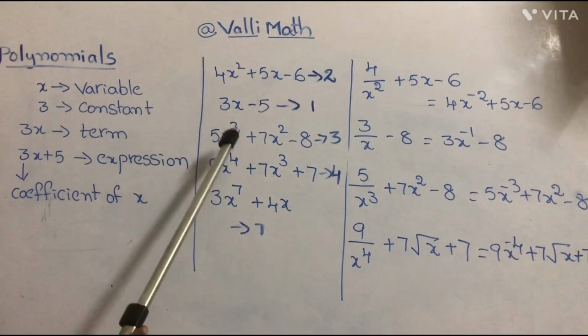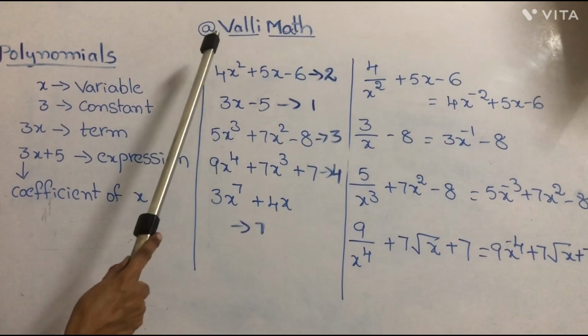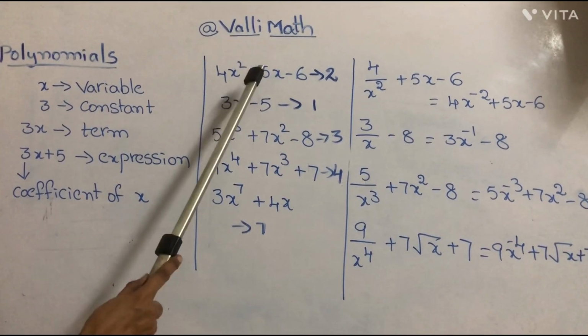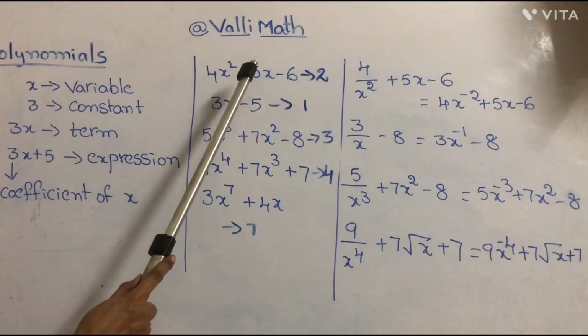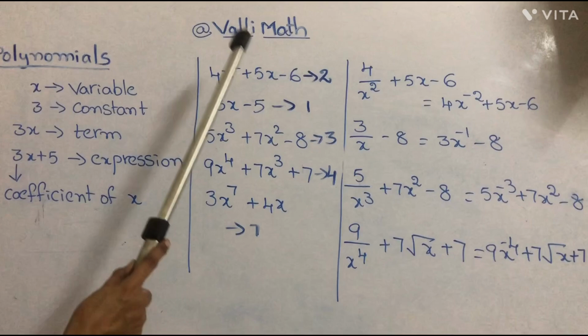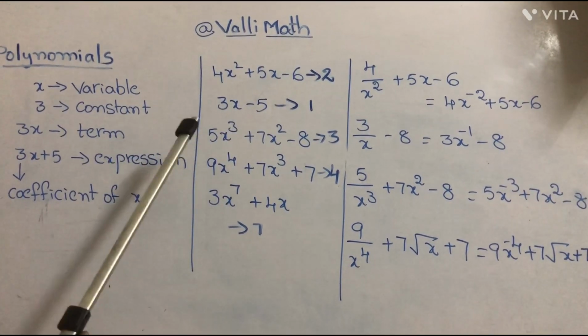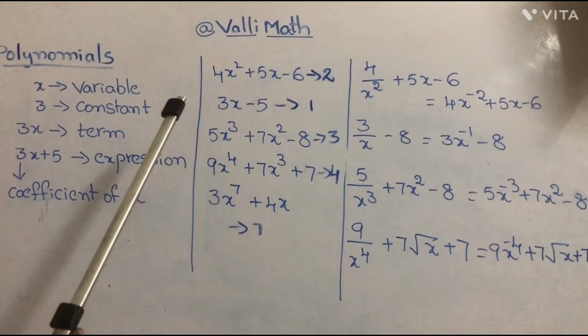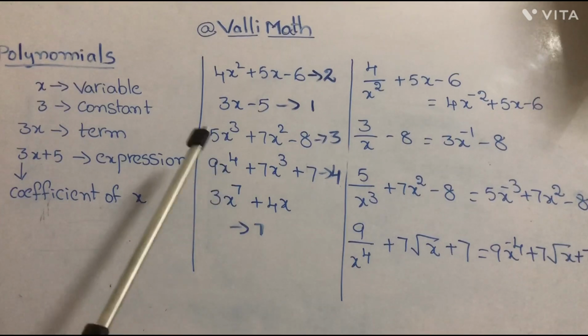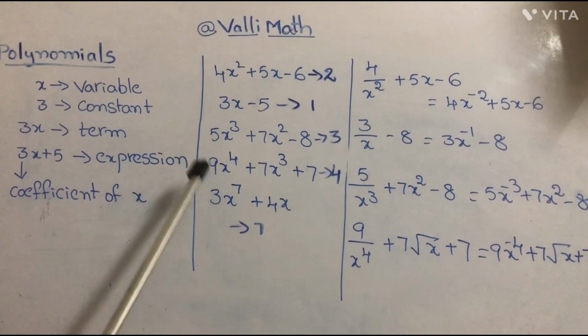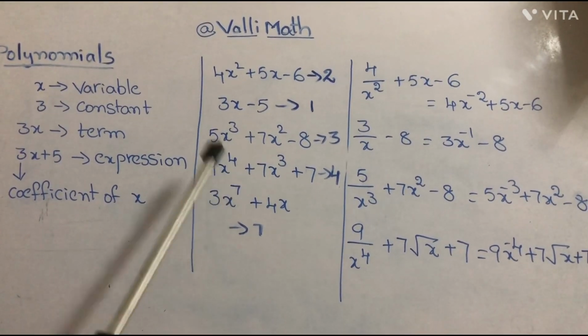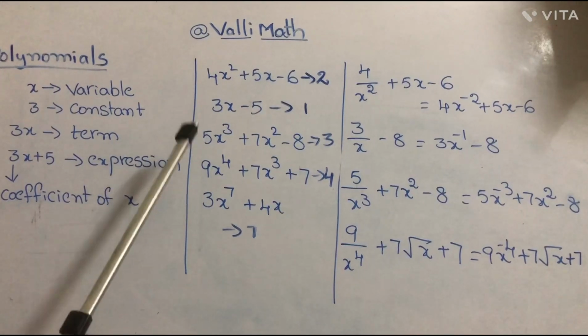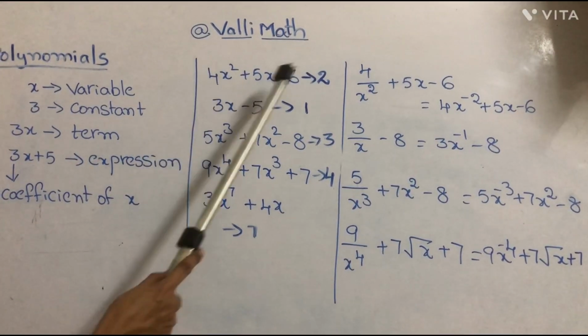The definition of the polynomial is: the variables involved in the algebraic expressions which are having positive powers, then those algebraic expressions are said to be polynomials.